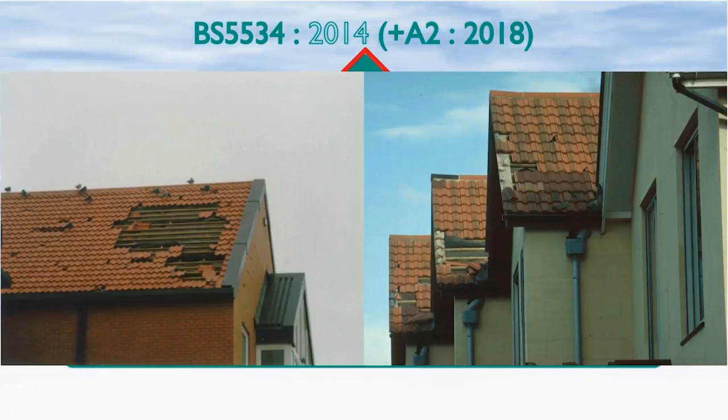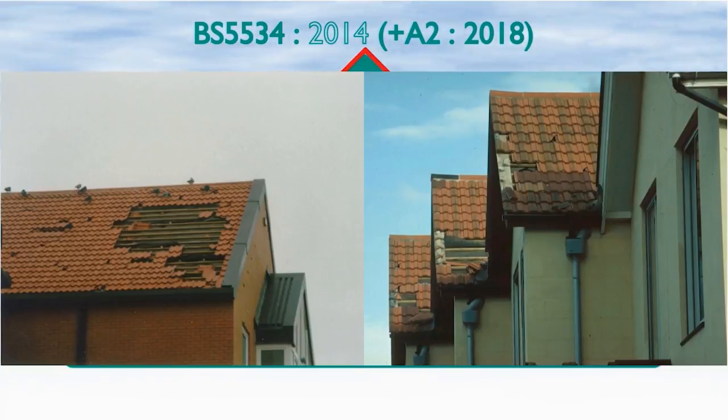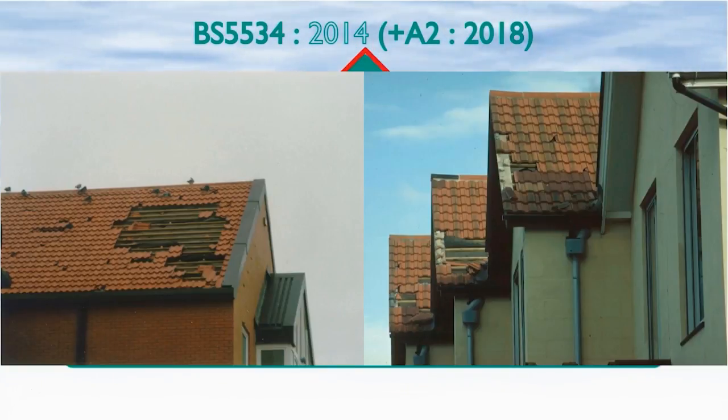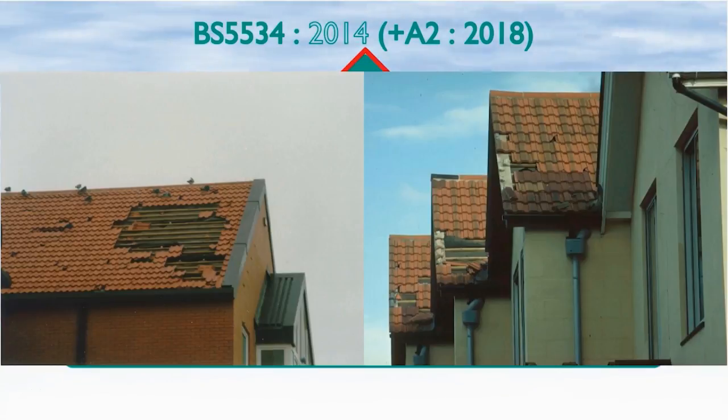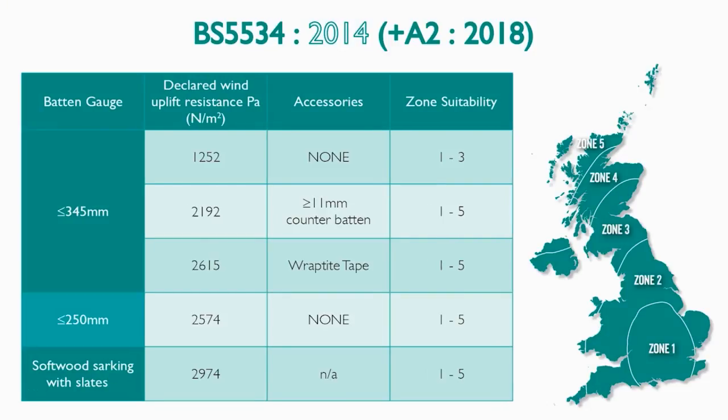The BS 5534 sets criteria for underlays to resist wind forces and divides the UK into 5 wind zones. This table gives the uplift resistance force for the roof shield membrane for each installation configuration, along with the measures that must be taken when used in a given wind zone.